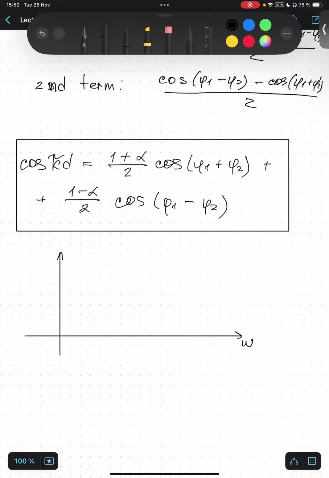Here's the omega, and we want to plot the left and right hand side. So we know that left hand side is just a cosine.